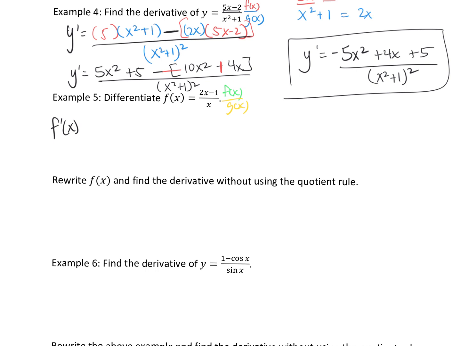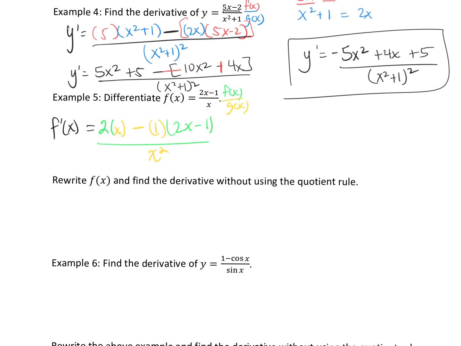So the derivative of the first one would be just 2 times the denominator, which is just x, minus the derivative of the denominator, which is 1, times the numerator, which is 2x minus 1, and you are squaring g of x, which is just x squared.